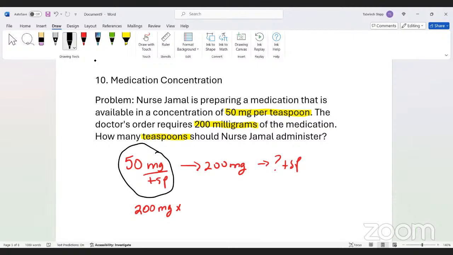That 50 milligrams per teaspoon, you're going to have to flip it. And what do I mean by flipping it? That means because you're looking for teaspoons, you're going to say 1 teaspoon over 50 milligrams. And there you have it. And you know what? Israelite, you are correct. So you're going to cross out your milligrams, okay? And just simply divide 200 divided by 50, and you get 4. You are right. 4 teaspoons is how much the nurse is going to administer.